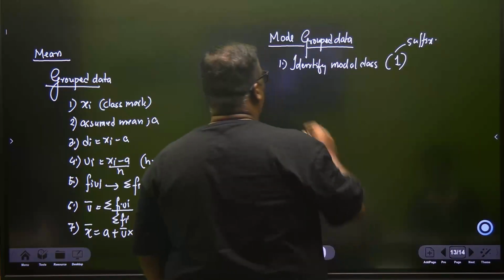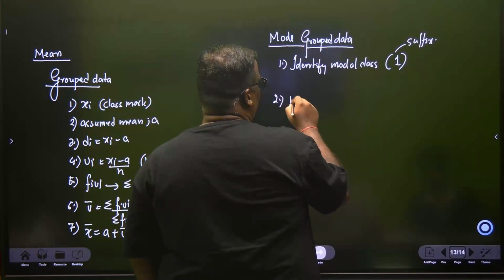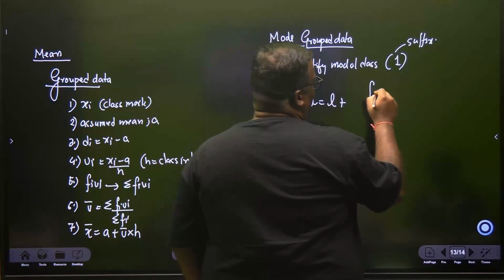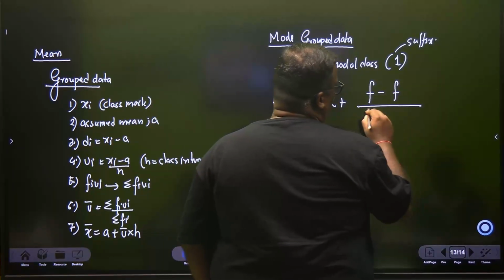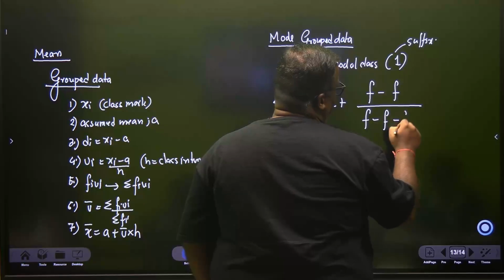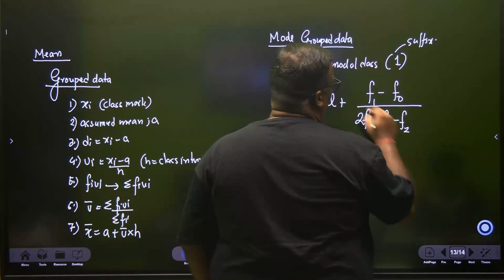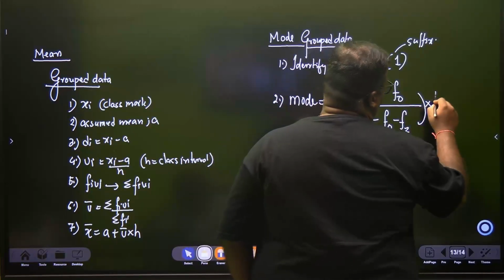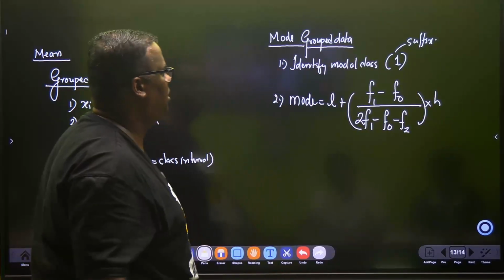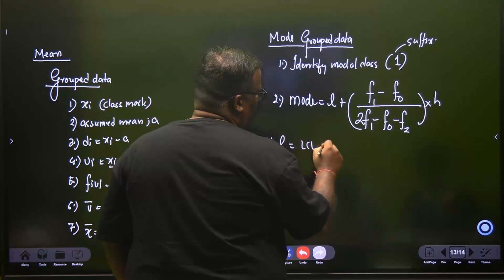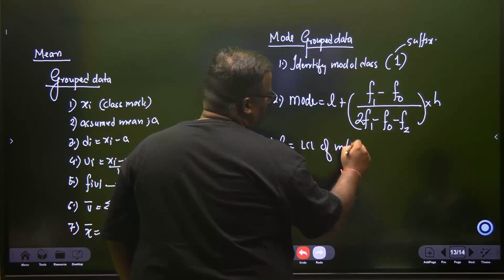Once you have identified your modal class, you will say mode will be equal to L plus F1 minus F0 divided by 2F1 minus F0 minus F2, multiplied by h.